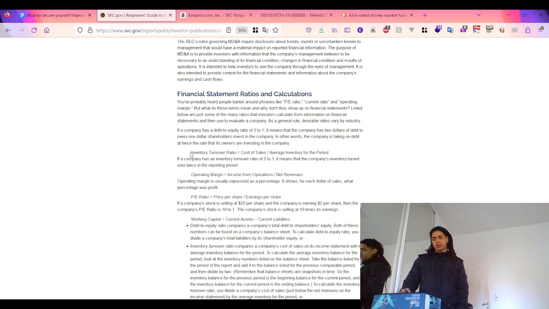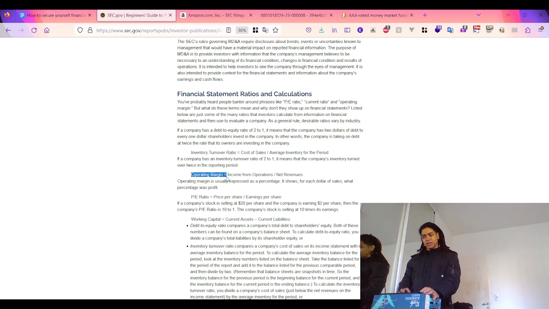The other ratio is inventory turnover, cost of sales divided by the average inventory for the period. If the inventory turnover ratio is 2 to 1, the inventory turned over twice in the reporting period.